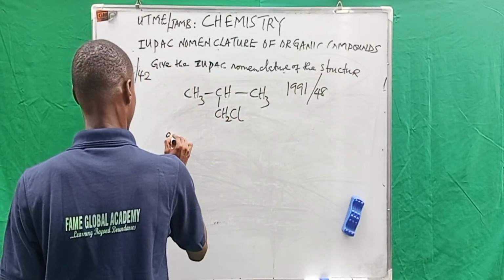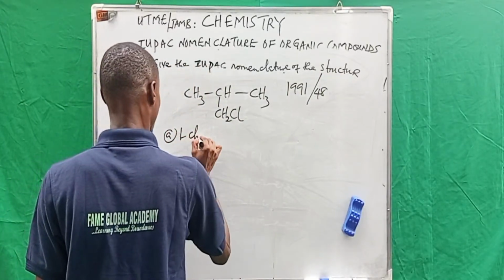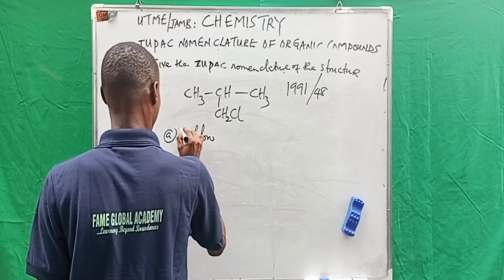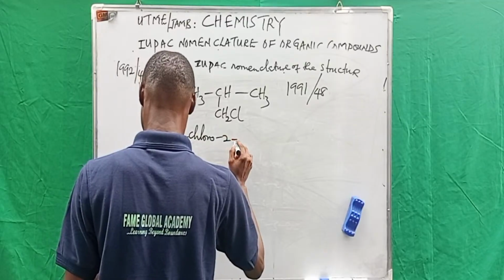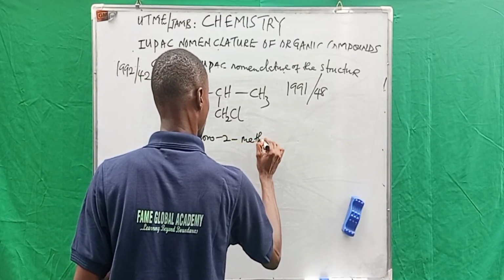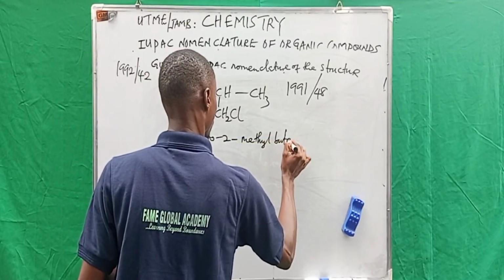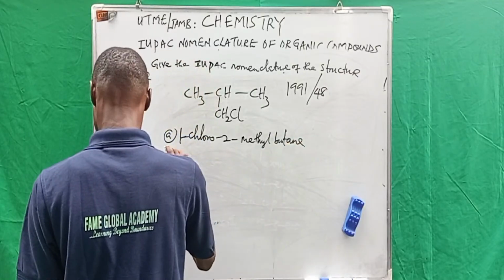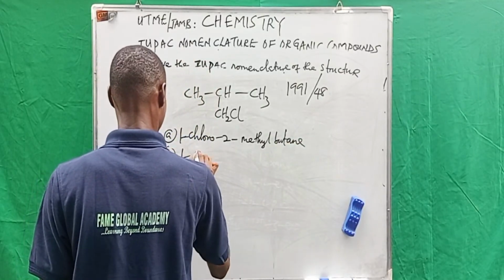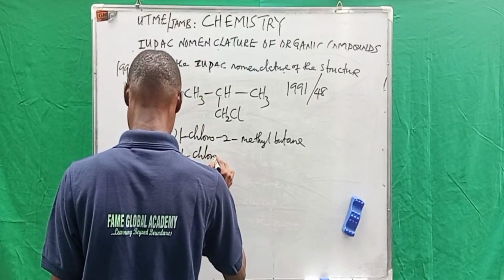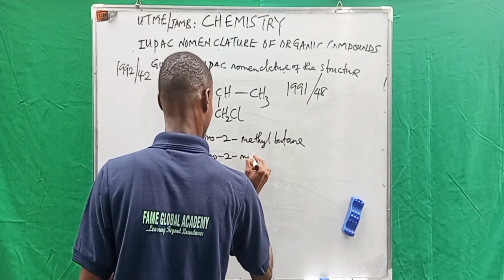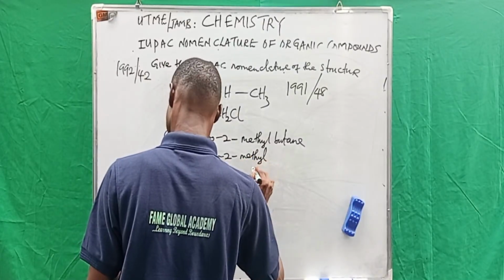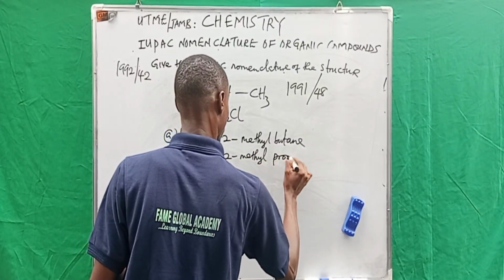Then we have A, 1-chloro-2-methylbutane, and we have B, 1-chloro-2-methylpropane.